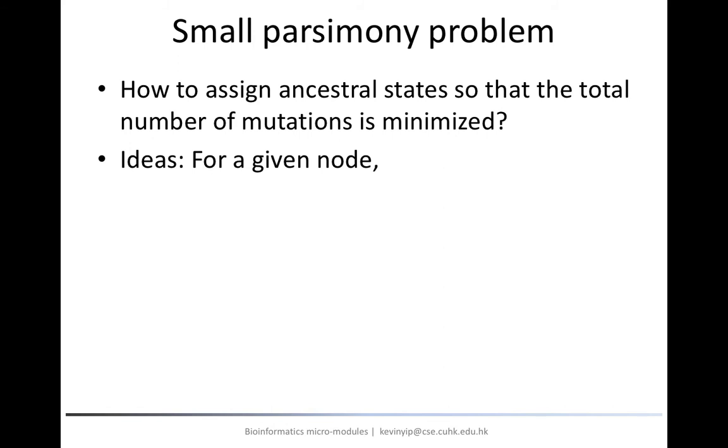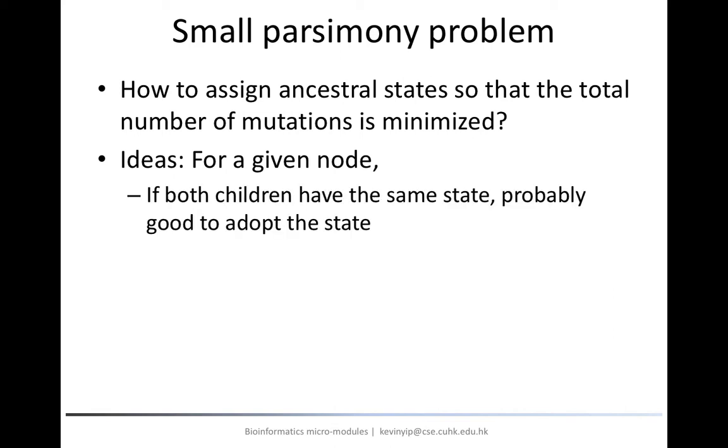Now we want to develop an algorithm to systematically find optimal solutions. Intuitively, in order to minimize the number of mutations, we should determine the sequence of an internal node in the following way. First, if the two child nodes both prefer the same nucleotides, this node should also adopt these nucleotides.